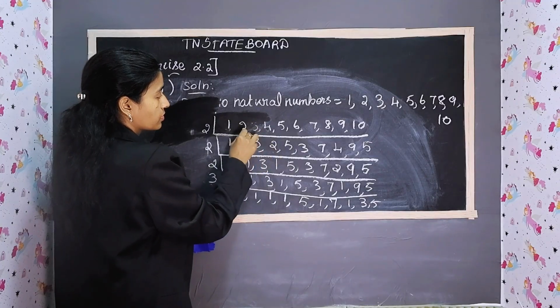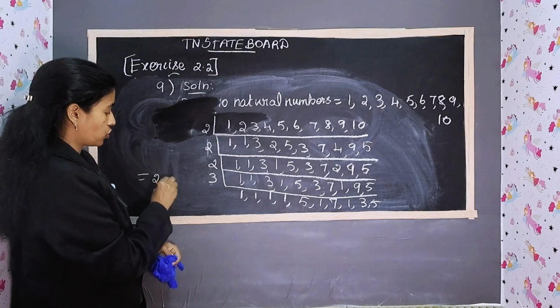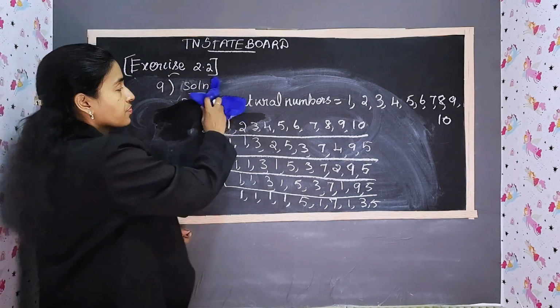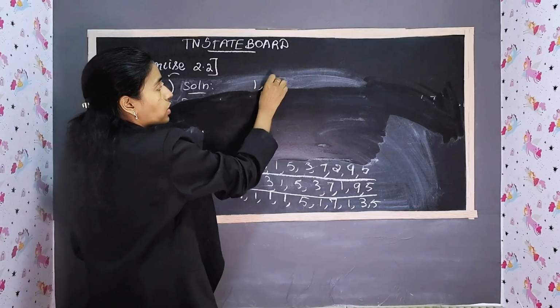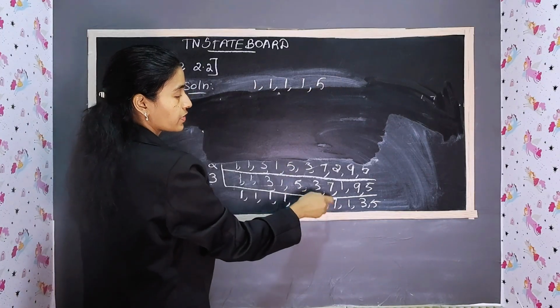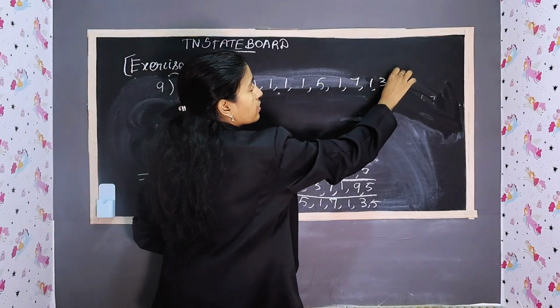Write the prime factors 2 into 2 into 2 into 3. Remaining 4 times 1. 1, 1, 1, 1, 5, 1, 7, 1, 3, 5. 1, 7, 1, 3, 5.